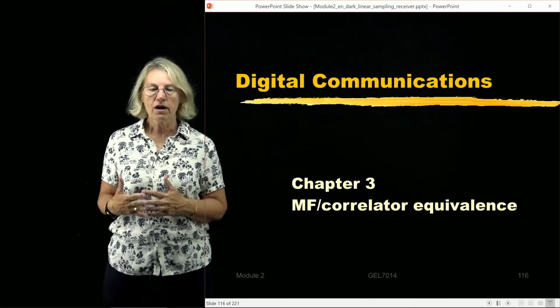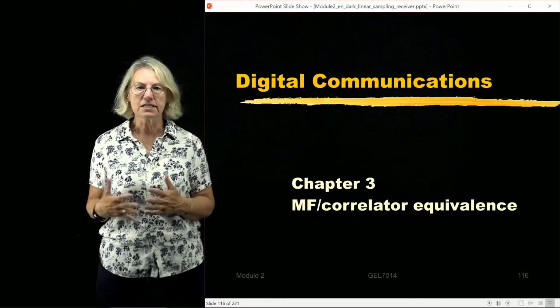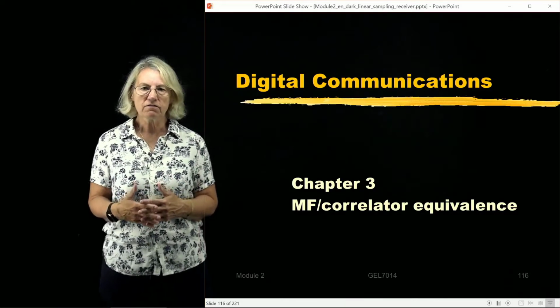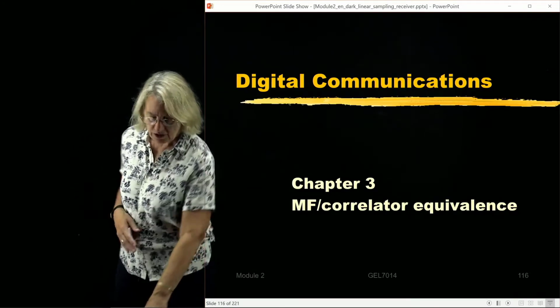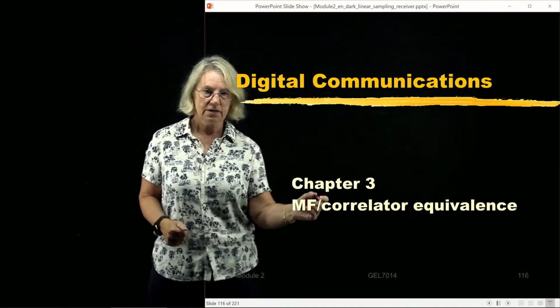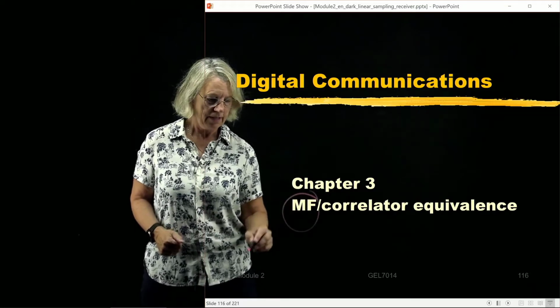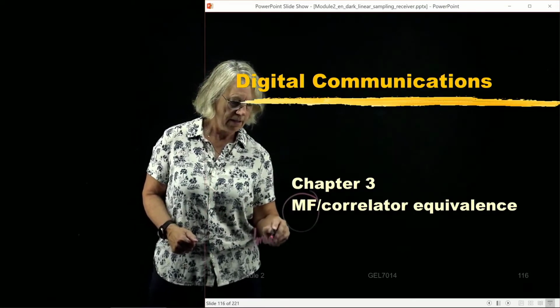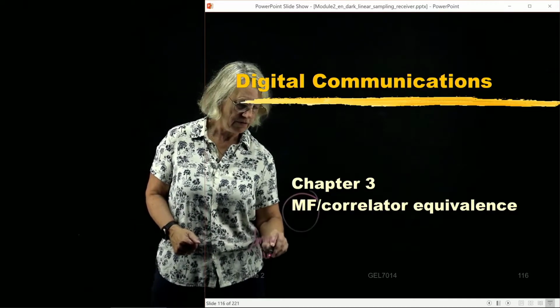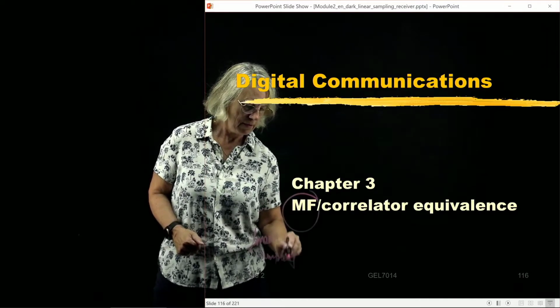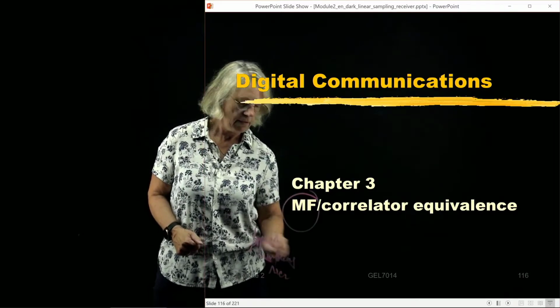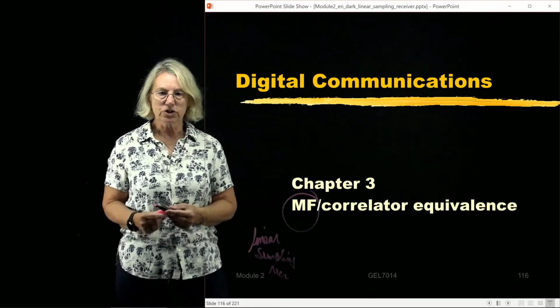And we have a name for this equivalency. In the case of the linear sampling receiver, we said we would use a match filter.